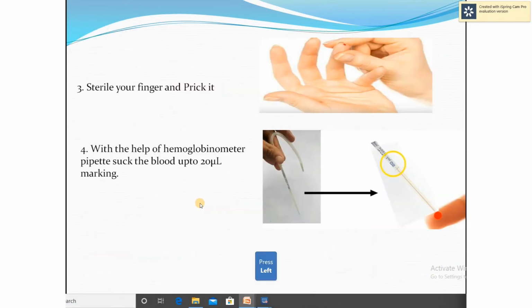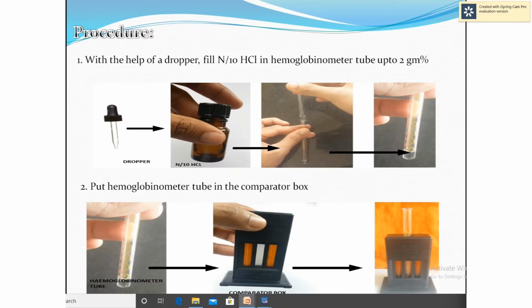Next, how the procedure is performed. Let us know in brief how you will perform this experiment. First of all, with the help of a dropper, fill N/10 HCl in the hemoglobinometer tube.